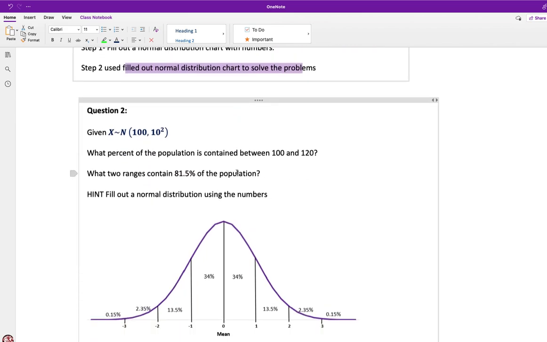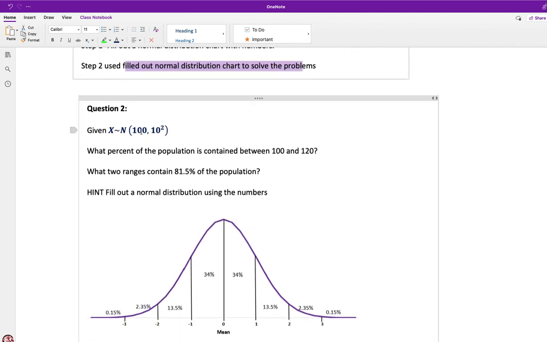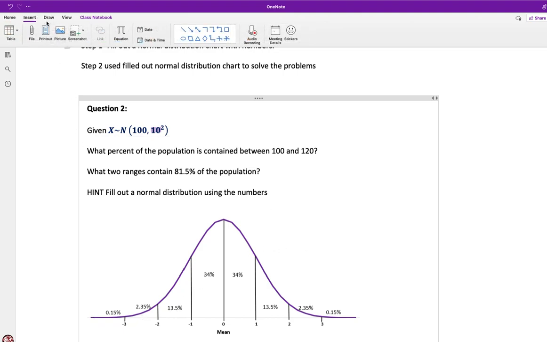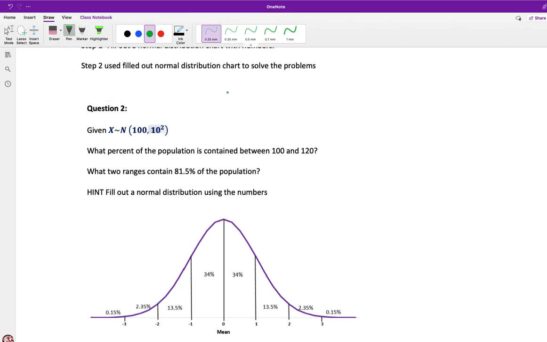We have notation this time. We're given a mean of 100 and a standard deviation of 10. If I were doing this on your paper, I would just draw something like this really badly. That's the mean. And I just sketched out 1, 2, 3.